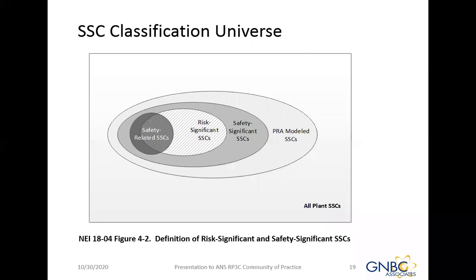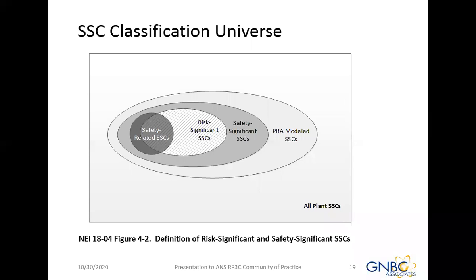To take a look at just a summation, this is a composite view of safety categories. Risk significant, which also includes safety-related SSCs, and this shows that some things may not be all associated with risk significant SSCs for safety-related SSCs, and I'll come back to that in a second.